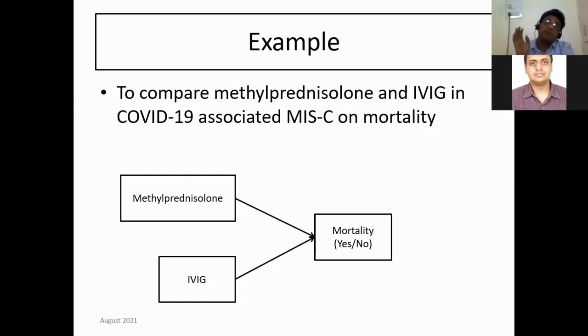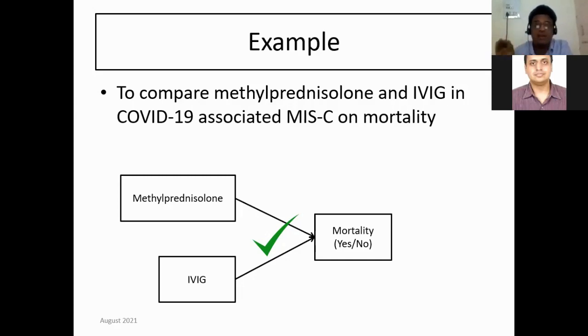For example, if I'm comparing methylprednisolone and IVIG in MISC on mortality, this is also an interventional study, but I'm comparing two groups. One group gets methylprednisolone, another group gets IVIG. It is possible that I am giving standard of care to both treatment groups, and one group receives additional methylprednisolone and one group receives additional IVIG, and then I'm seeing whether the outcome, that is mortality, is getting affected or not.